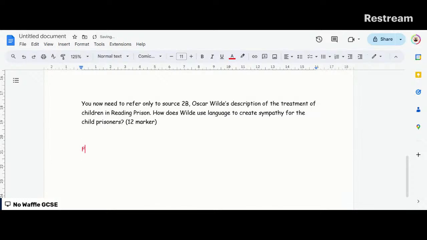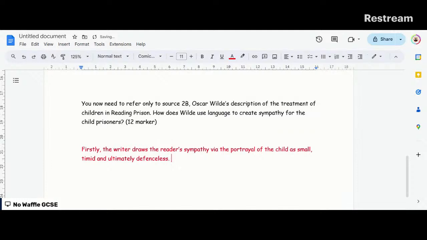So you can say, firstly, the writer draws the reader's attention or the reader's sympathy. Let's reword the question. Via the portrayal of the child as small, timid, and ultimately defenseless.